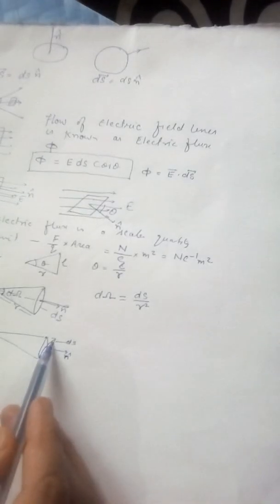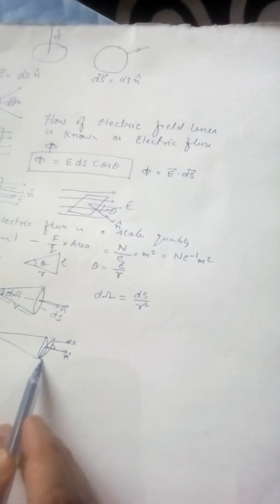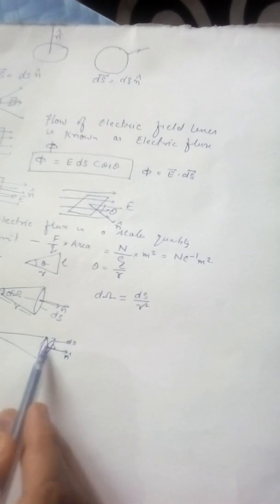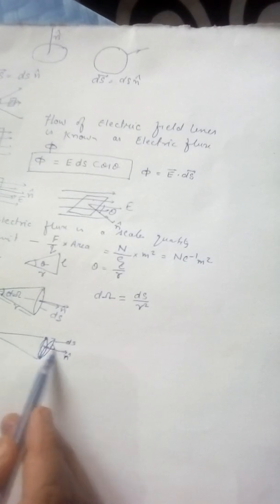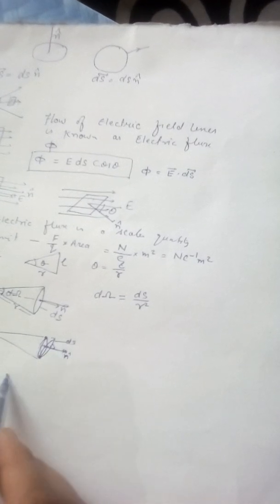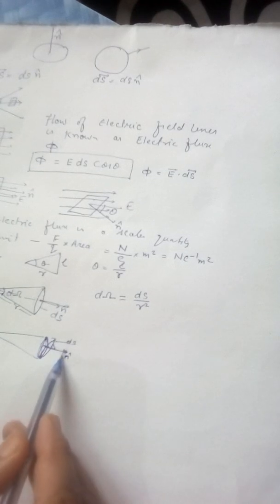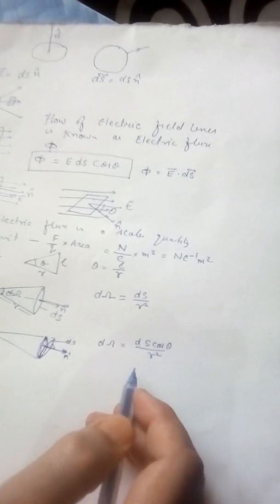So when surface area is making some angle with the normal, then we are taking not that surface area but the component of that in the normal direction. Means that area in which we are drawing the normal, in the direction of normal. So if you are taking the component in the direction of this area whose normal is in this direction, d phi in that case is given by ds cos theta by r square.